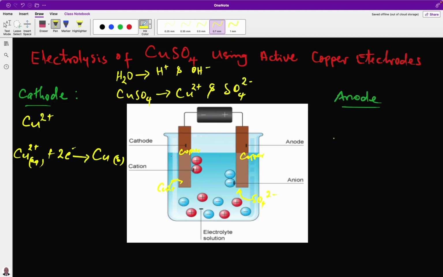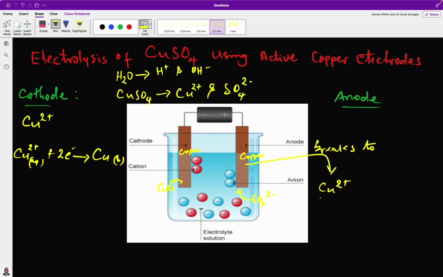It will break down to the copper ion and enter into the solution.